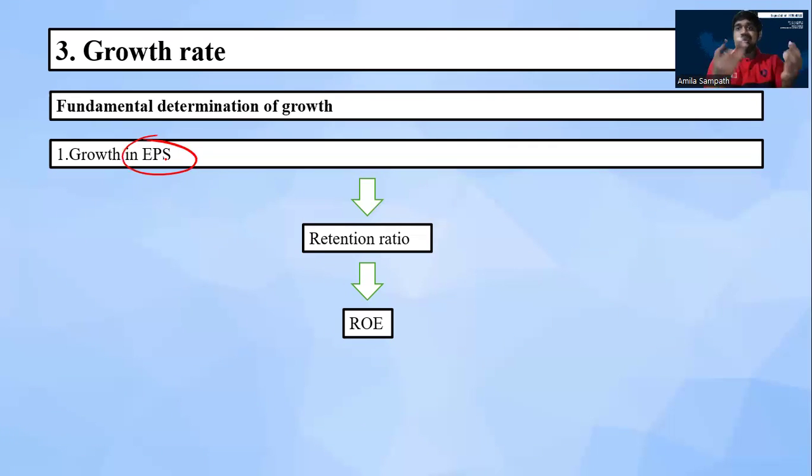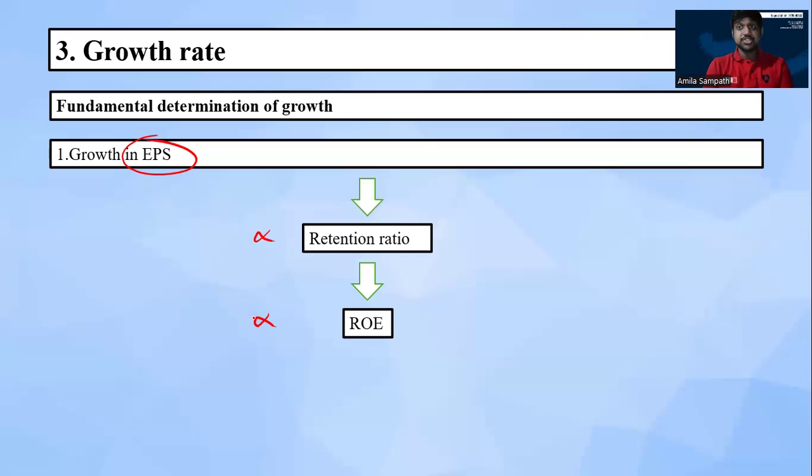Actually, if we assume our main fund source is equity or equity related fund source, only the equity related fund source, then our growth in earning per share depends on two main factors. One is our retention ratio, the other is our ROE.